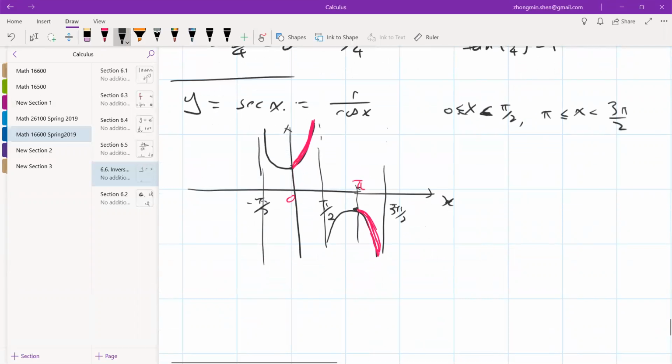Okay. So the y value, the absolute y value is always greater than or equal to 1, as you can see.